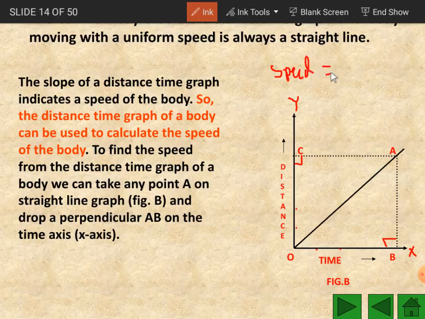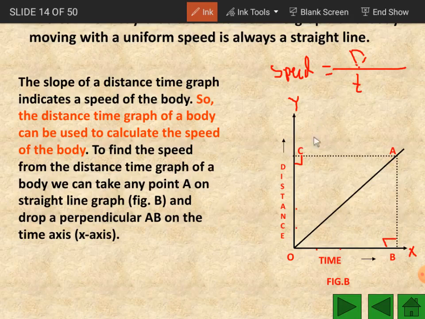Let me write it simply as speed equals d for distance, divided by time. This distance divided by time will give you your speed. Distance in our case is OC, and time is OB. So if you find this distance divided by time, you can easily find your speed.